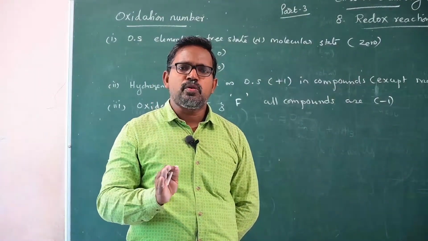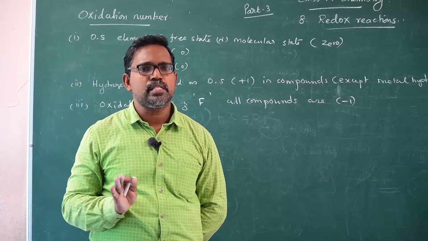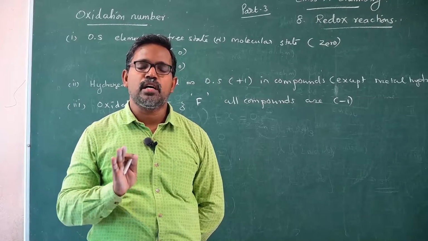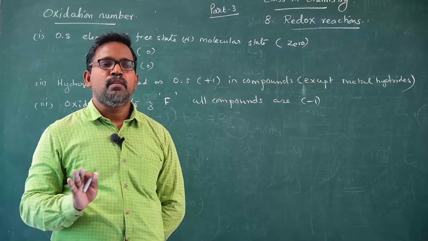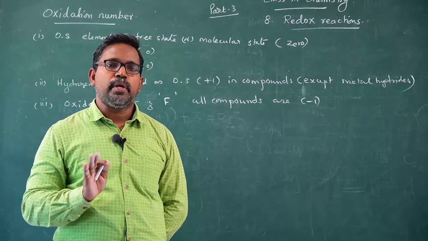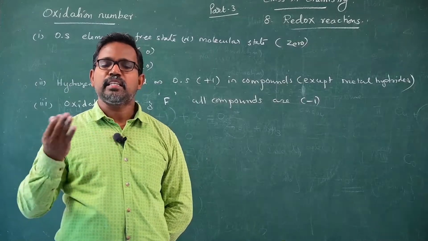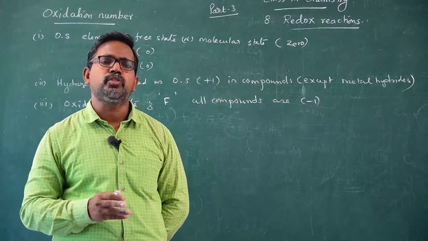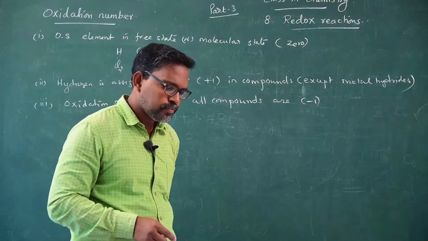It always shows -1 oxidation state. Remember, in any question asked like this, the oxidation state of fluorine is assigned as -1, whether metallic halides or non-metallic halides, etc. Whatever may be the compounds, fluorine shows the oxidation state of -1.